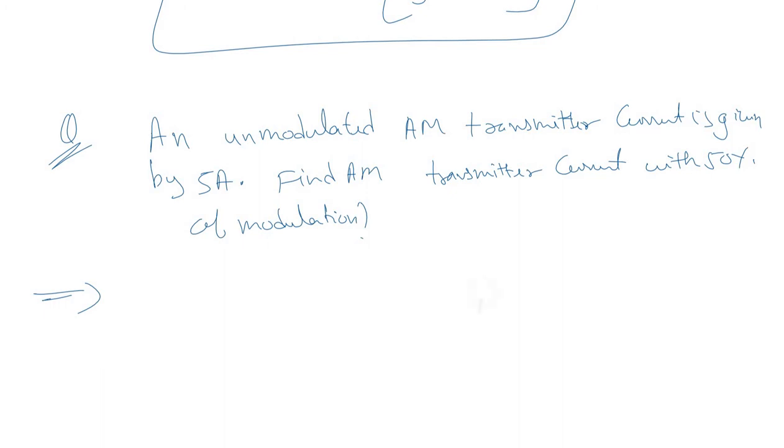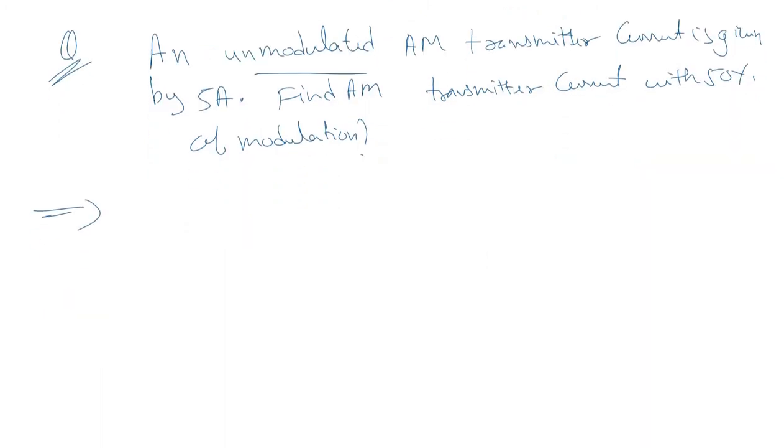In the question we are given that an unmodulated AM transmitter current is 5 ampere. So we need to understand this term, unmodulated AM transmitter current. Unmodulated means there is no modulation, right? If there is no modulation, the total current is nothing but the carrier current. Since the carrier is not modulated, the modulation index mu is 0.